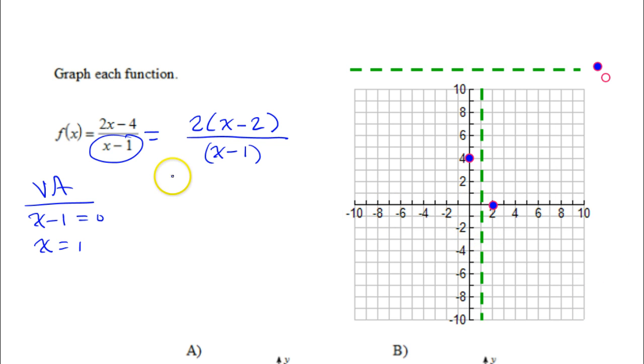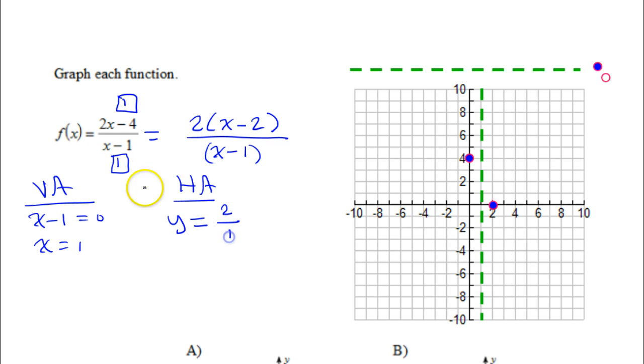Now let's deal with the horizontal asymptote. Well, the horizontal asymptote is all about the degree of the numerator compared with the denominator. Alright, the degree of the numerator is 1, the degree of the denominator is 1. When the degrees are equal, the horizontal asymptote is y equals leading coefficient over leading coefficient.